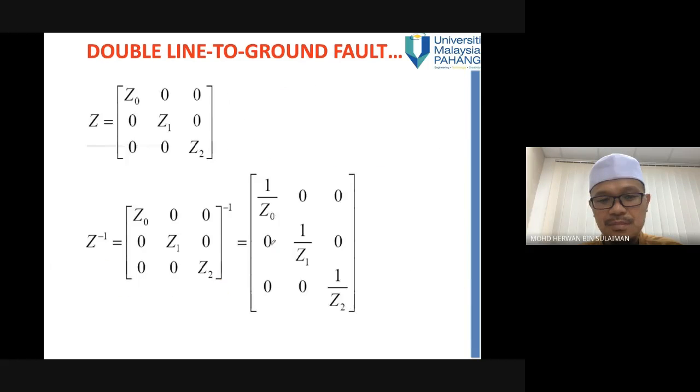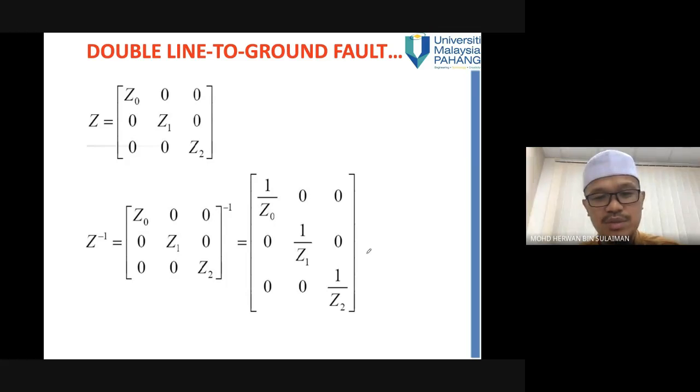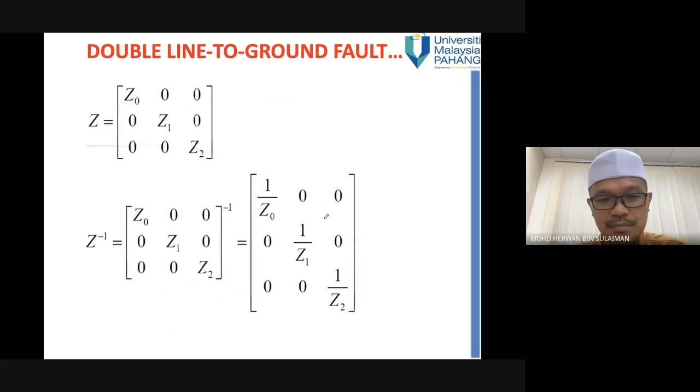Okay, so from here, how do we find our current? We just do the inversion of the Z. Inversion of the Z, so this one becomes unity, right? Because matrix Z times matrix Z inverse becomes the identity matrix.